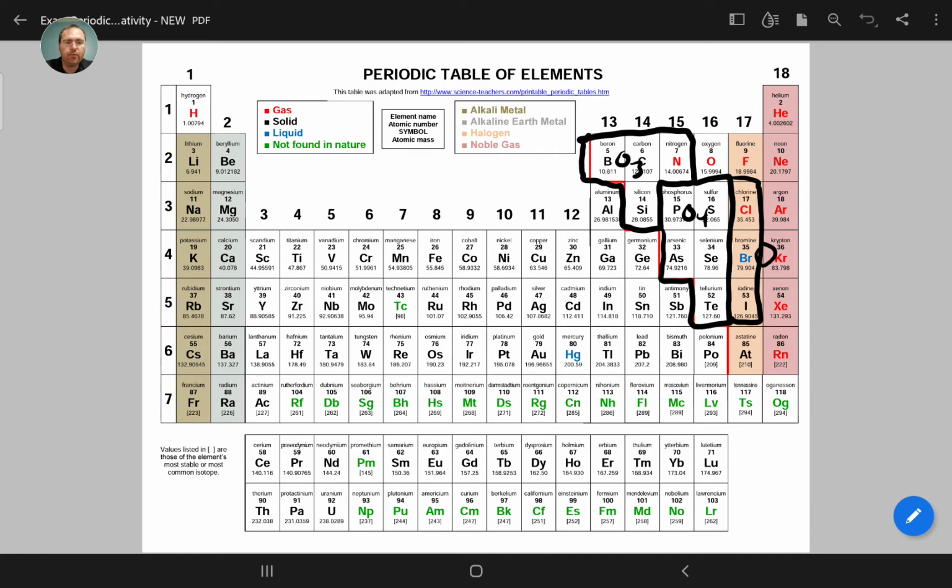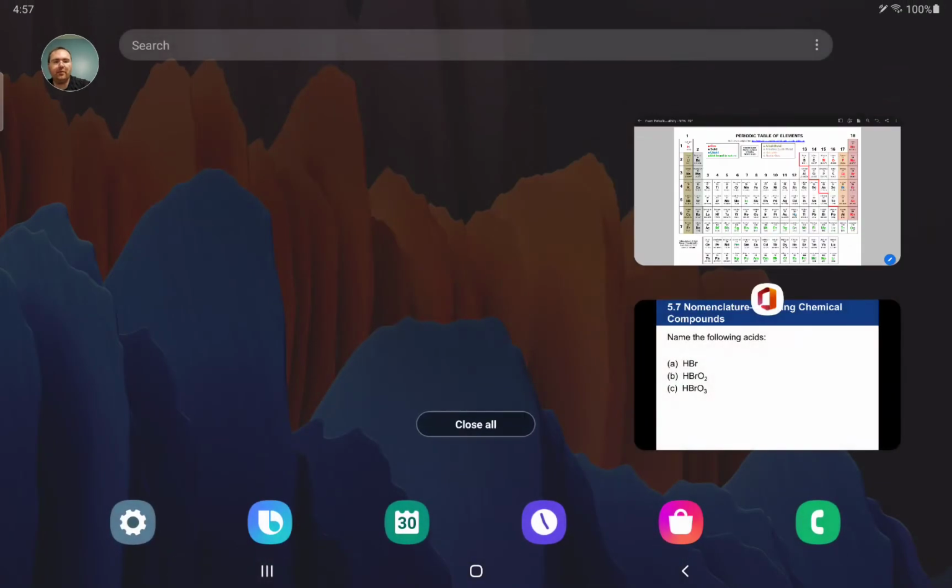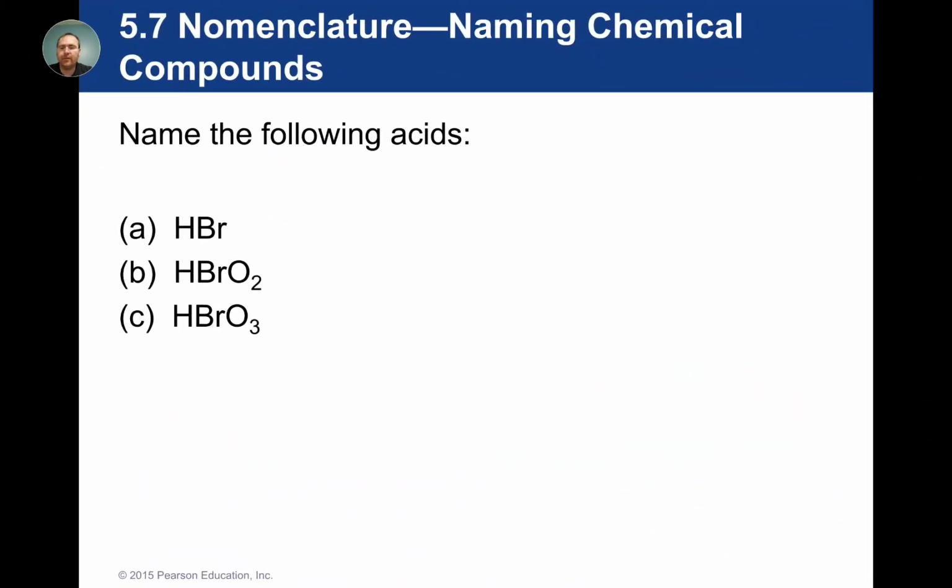Bromine's going to be in the O3 category. That's all we need to know, because if it's in the O3 category, that is the -ate. And that's what we want. So recognizing that bromine's in this 3 box tells us that it has 3 oxygens, and that tells us it's -ate. So as an acid, it's going to be an -ic acid. "I ate something icky." So learning that pattern is definitely to your benefit. Otherwise, it's lots of flashcards.